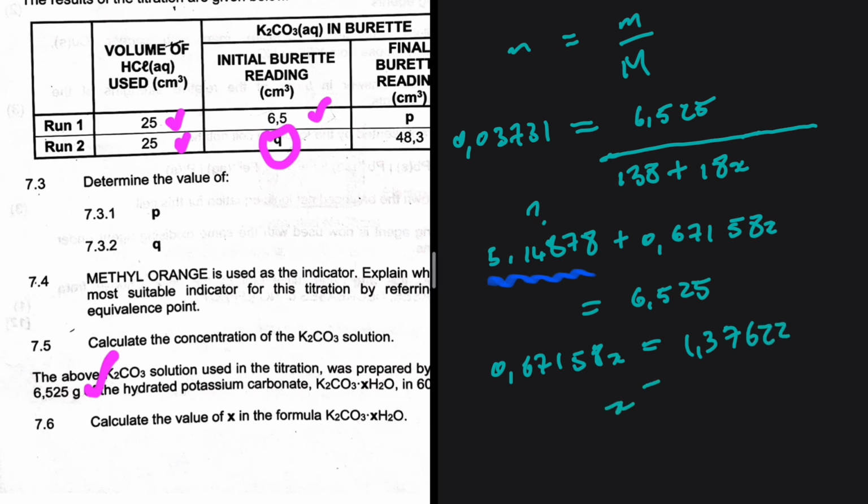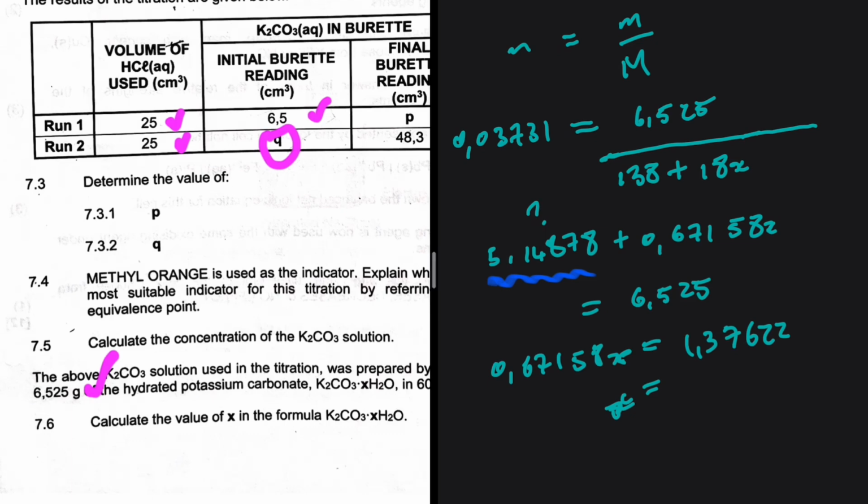So X is equal to 1.37622 divided by 0.67158. I'm having a lot of fun, to be honest. So I just need to put this in my calculator. I'm not sure I want to. Because if this answer is not a whole number, I'm not carrying on.